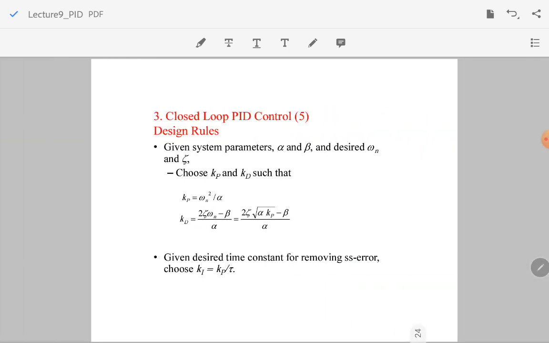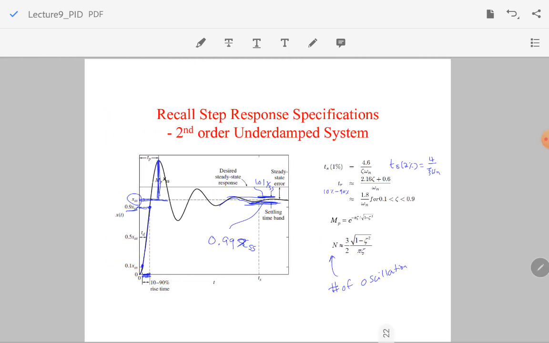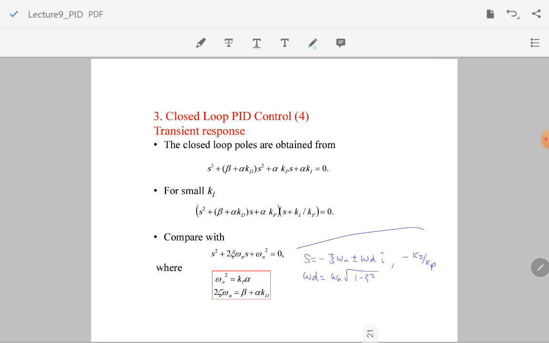Now, given the desired time constant for removing steady state error, we're going to choose Ki equal to Kp divided by tau. How did that work? Remember, we have 3 roots. You'll see that when Kp is small, this will become a dominant root, and this will ultimately control how fast your response can reach the steady state.